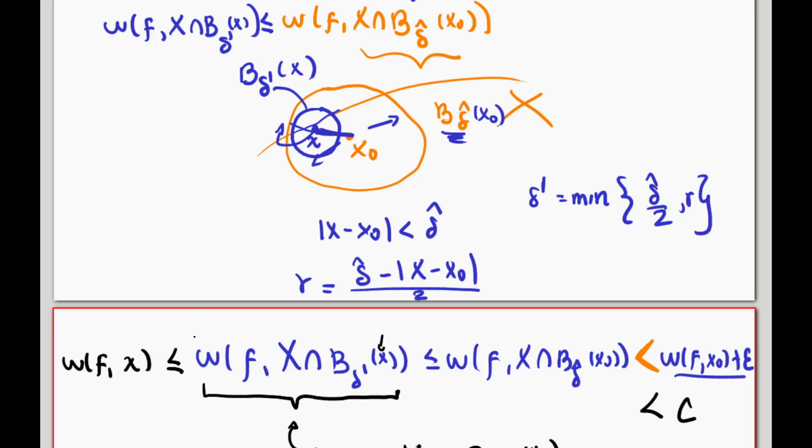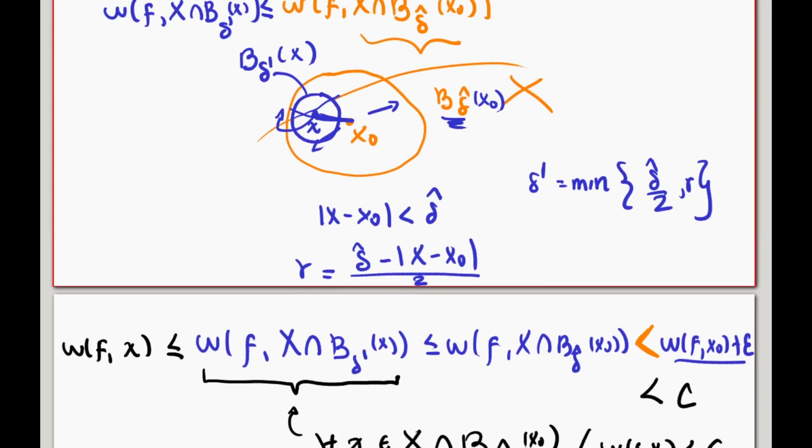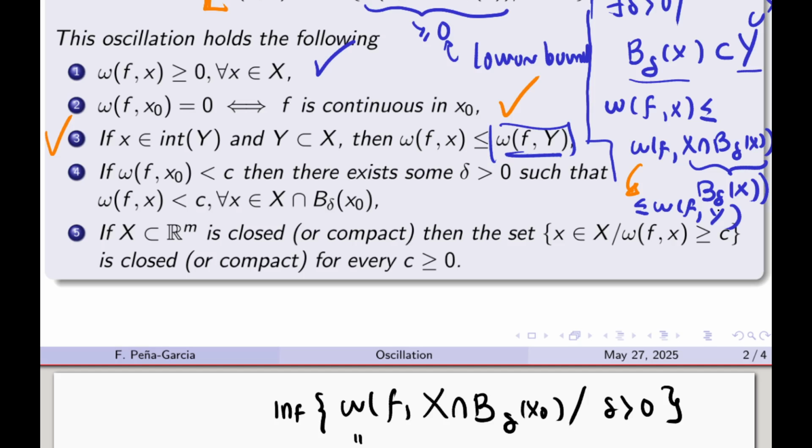This is the infimum of all of these oscillations, so it will naturally be smaller than those values here. And so we have proven that for any x in this neighborhood, the oscillation is smaller than c. And this is exactly what we wanted to prove. So that takes care of the fourth property.